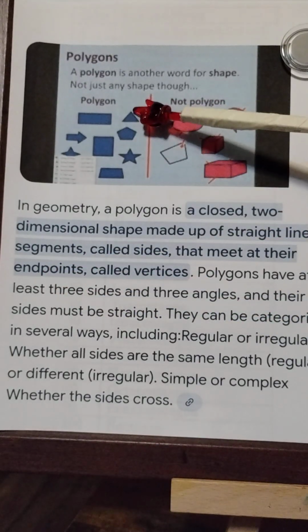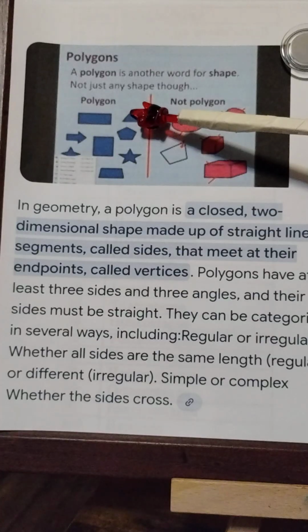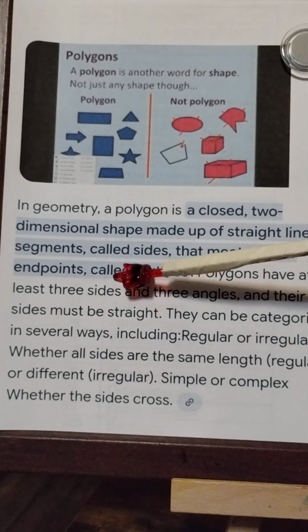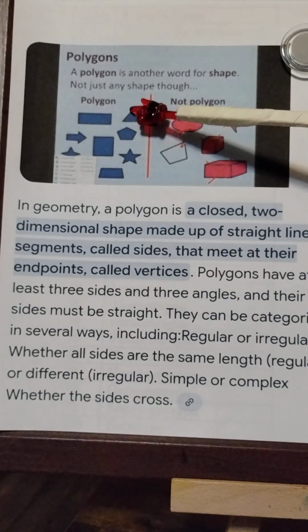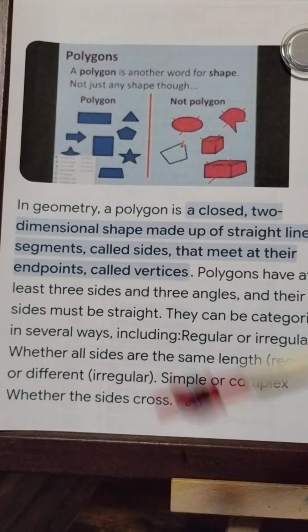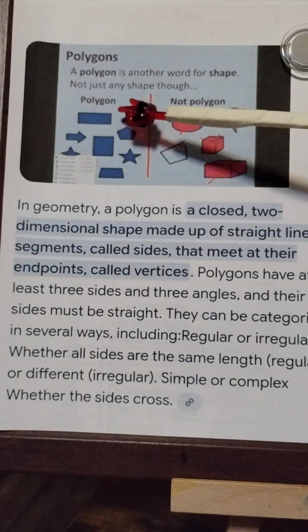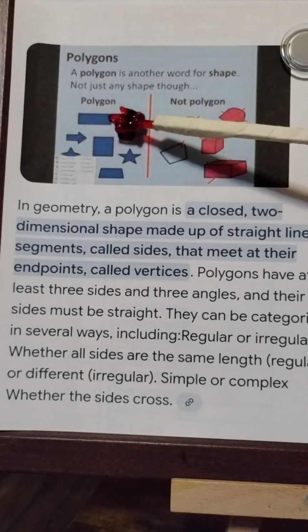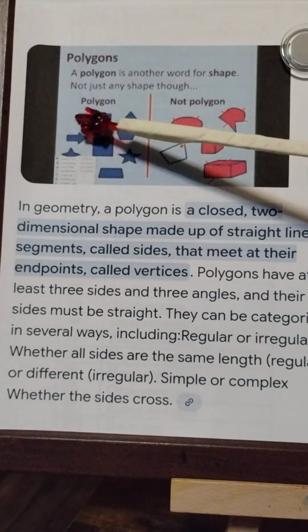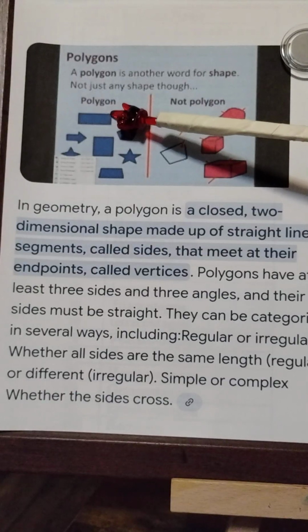For example, your triangle. Two long lines join together and they meet at a point. And those points are called vertices. Okay, vertices. Anywhere two lines meet, it creates a point.